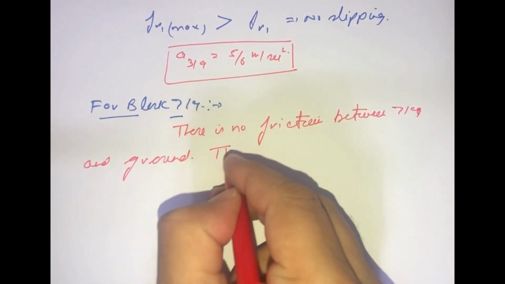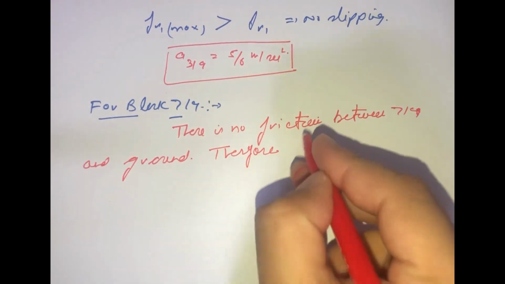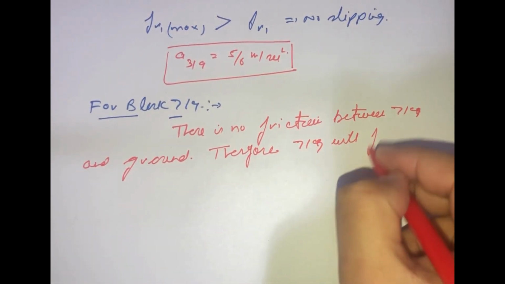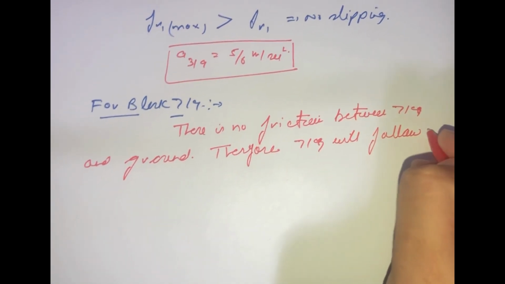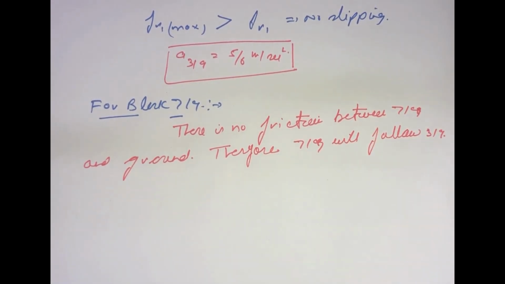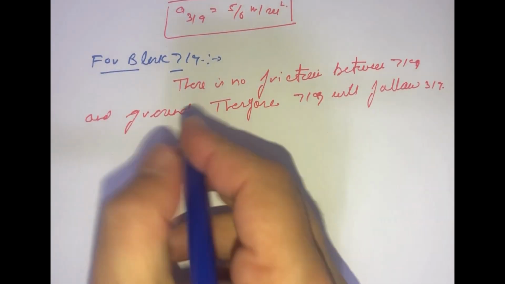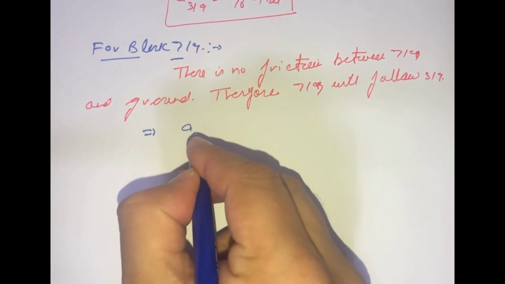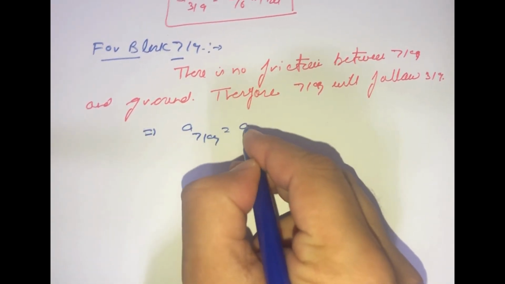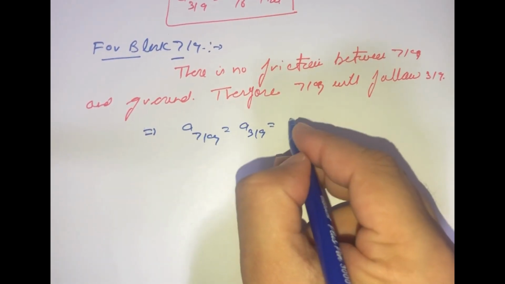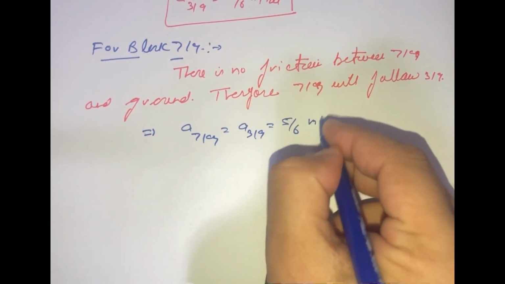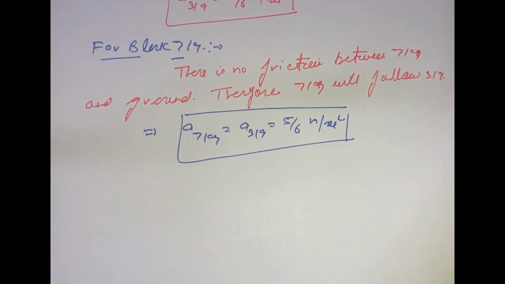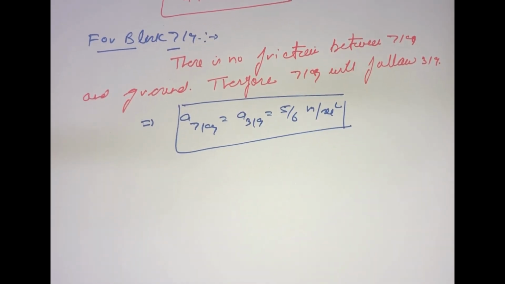Therefore 7 kg will follow 3 kg. Therefore acceleration of 7 kg will be equal to acceleration of 3 kg, and that will be equal to 5/6 meter per second square. So this completes the question. Thank you.